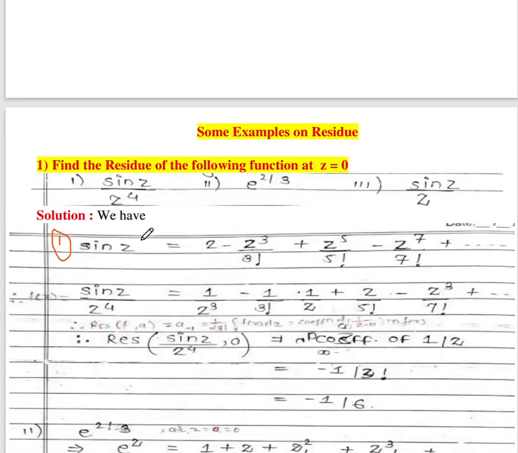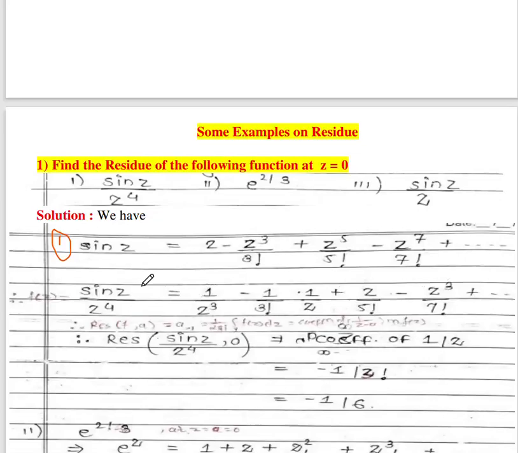Let f of z equal sin z, and we know the sin z series. The sin z series can be written as z minus z cube upon 3 factorial plus z to the power 5 upon 5 factorial minus z to the power 7 upon 7 factorial plus and so on.